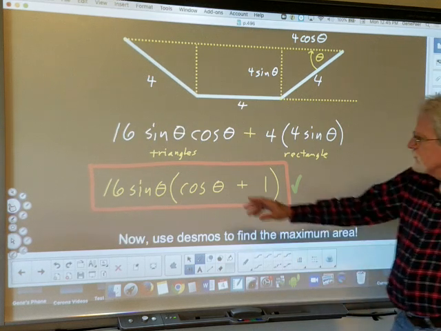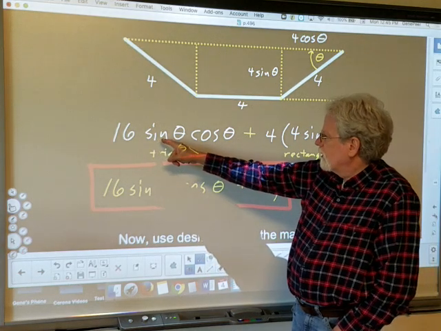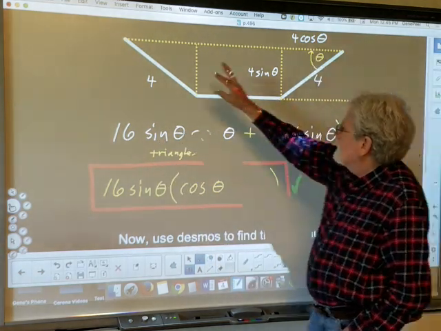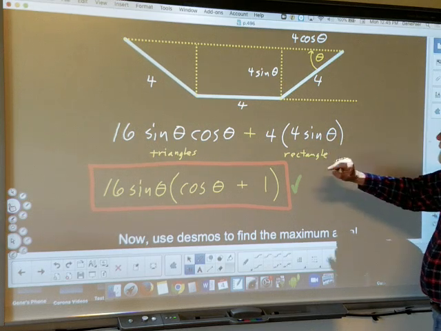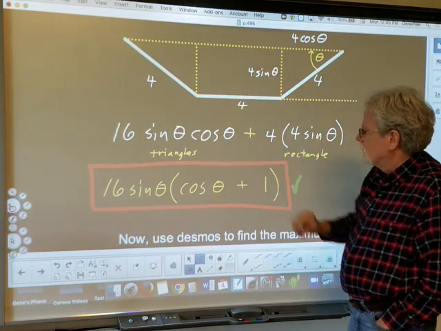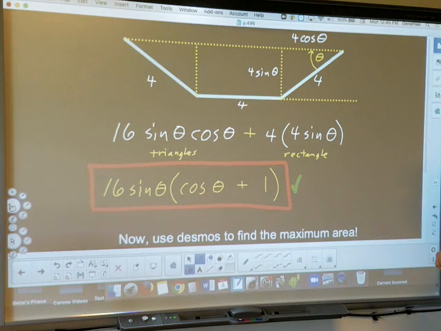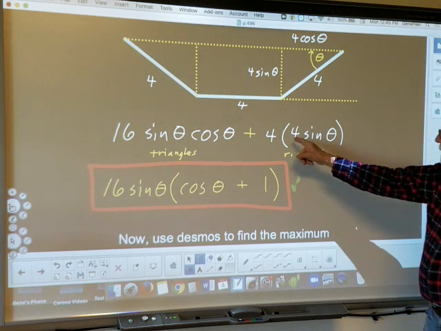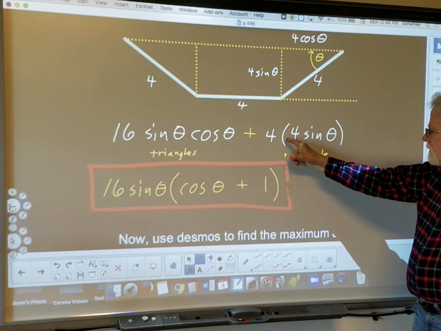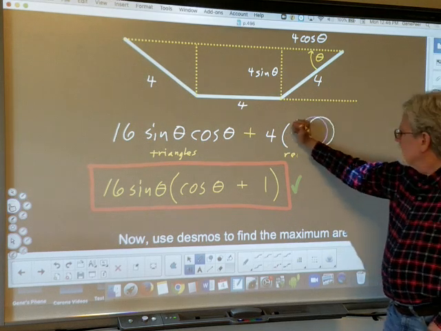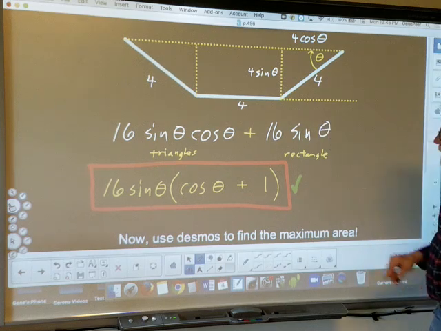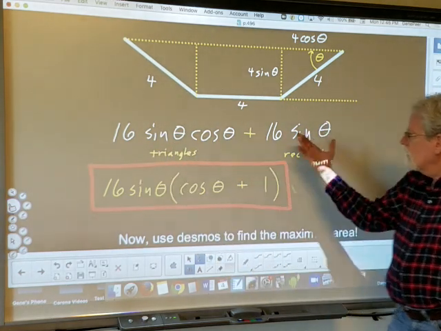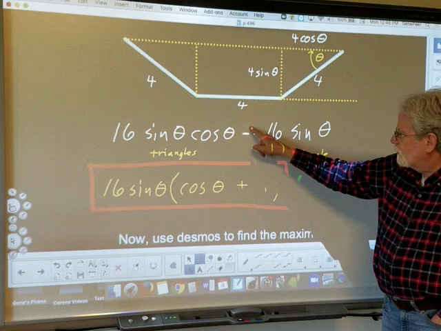We have, therefore, 16 sine theta cosine theta. That's the area of the 2 triangles combined. We have 4 times 4 sine of theta. That's the area of the rectangle. Now, let's do something clever here. Let's multiply this out. 16 sine theta. And now we see we have a 16 sine theta in both sides of this expression.